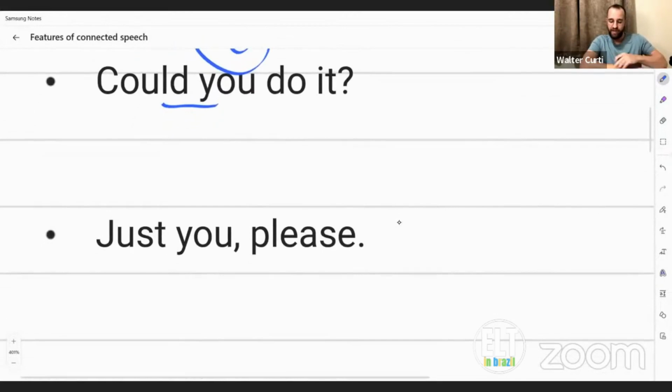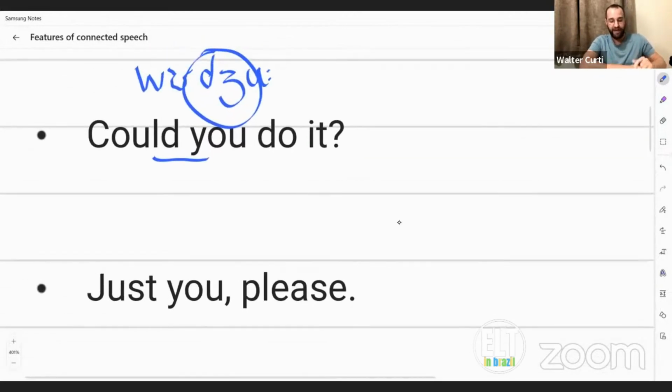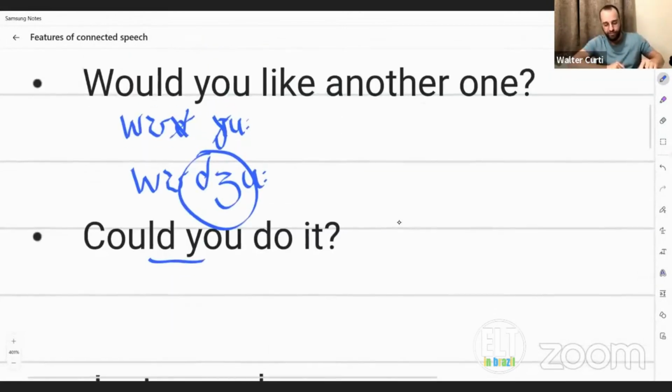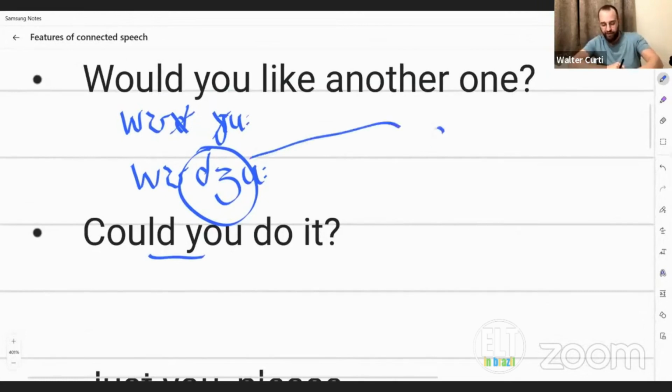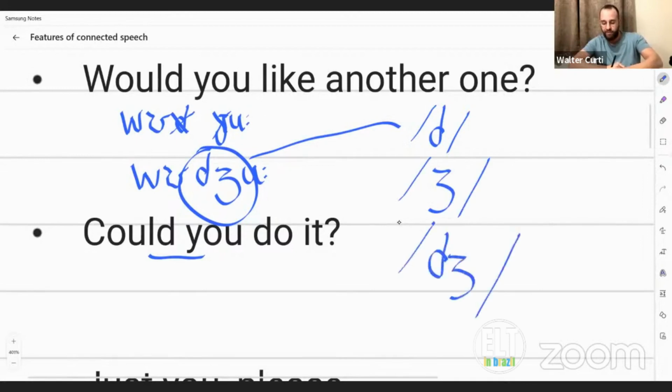Going into the next one. This one's also very interesting. Another sound. Oh, yes, I should remind you of something. So we had a D sound, we have a J sound, and we have a J sound. As you can see, we use the J in this one, right?